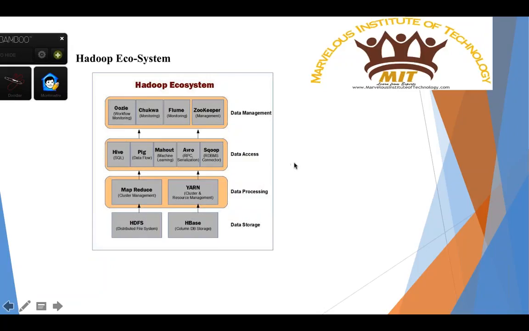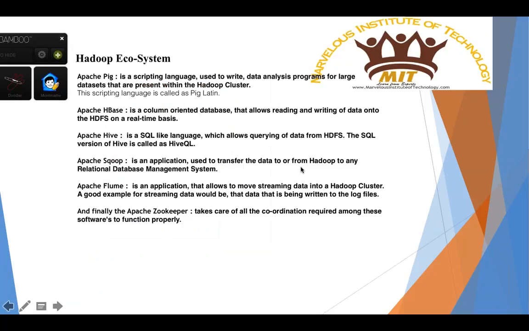Okay, just an introduction to all the tools. This is about the ecosystem: what Pig does, what HBase does, how Hive will work, how Sqoop will work, and Flume. We'll be covering all of this as part of this course.